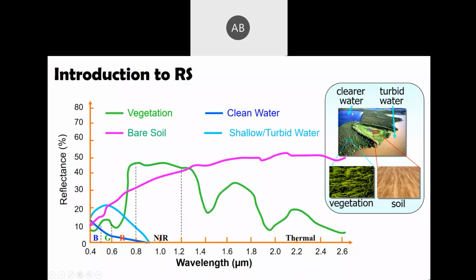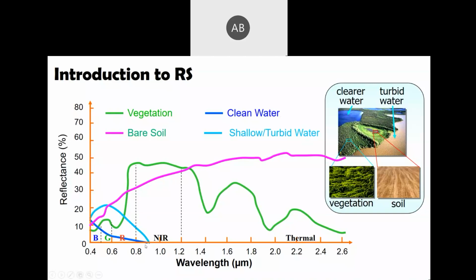We see clear water as blue because in the blue range, around 400 to 410 nanometers, it shows the highest reflectance, or the maximum amount of energy is reflected in this range. In other wavelengths, this energy is absorbed by the chemical properties of the water.